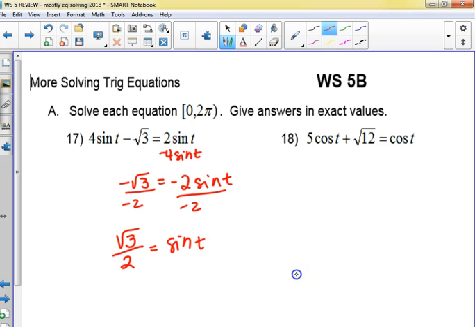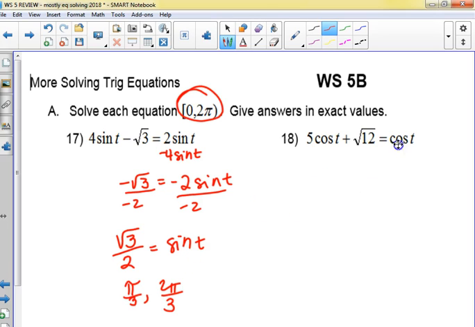Why is this any different than the ones we were just doing? What does that mean? You give me your unit circle answers and you're done. No plus or minus anything. The only answers that fall between 0 and 2 pi are pi over 3 and 2 pi over 3, right? Are we okay? Because it's sine, not cosine, right?